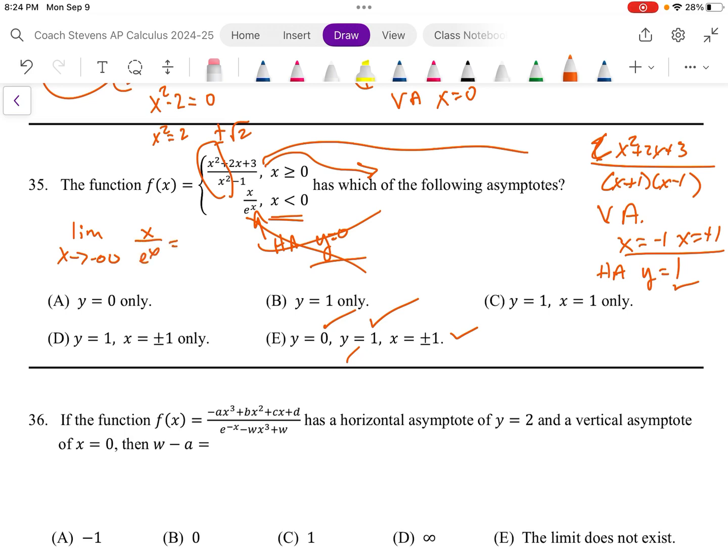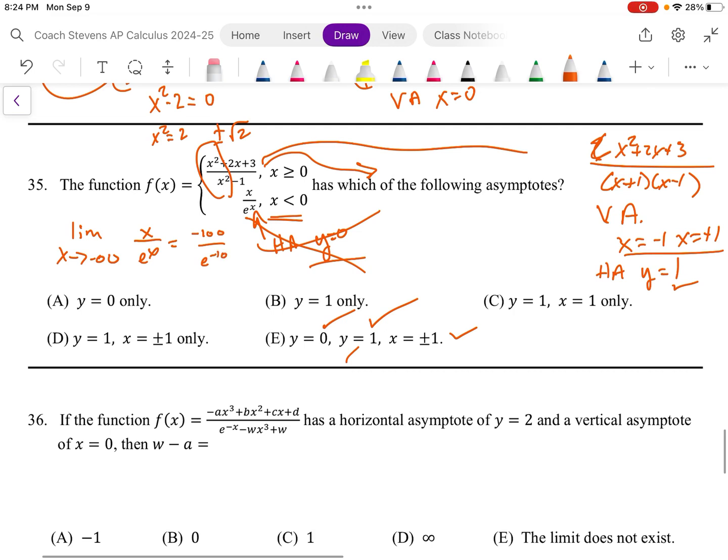Well, that becomes like a negative number. Let's say we put in negative 100, over e to the negative 100, which works out to be negative 100 times e to the 100. And so it's just a really big number. So that part actually doesn't have a horizontal asymptote as we go to the left. So that means I get to cross off the 0 part. So that's not an answer choice. Now I'm down to those 3.